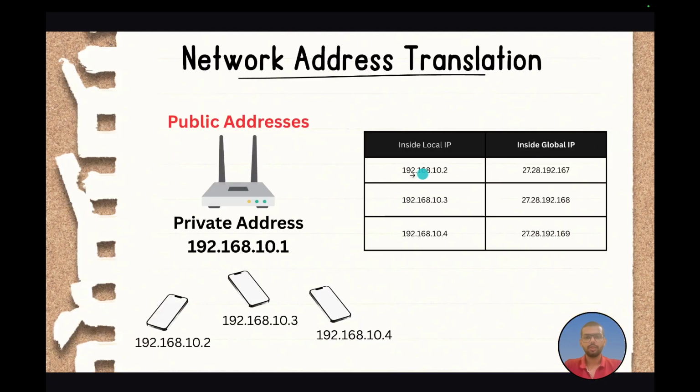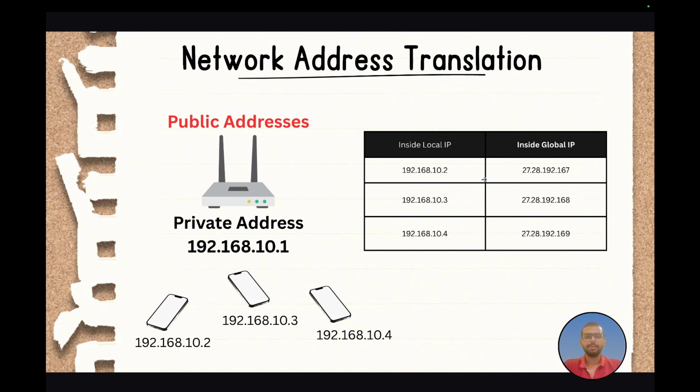What we have seen in NAT is the translation of private IP addresses into public IP addresses, where you can see static NAT. In static NAT, we used to translate one private IP address into one public IP address. That is just NAT, right?